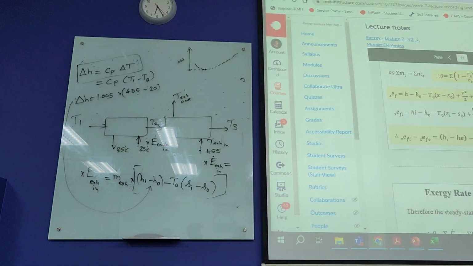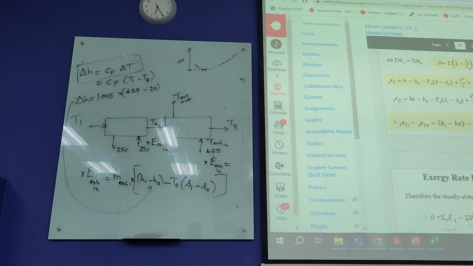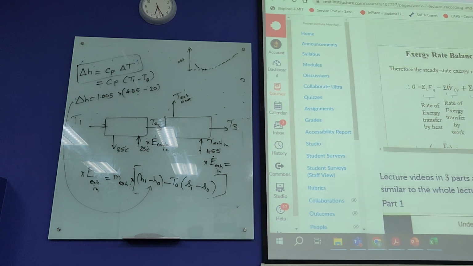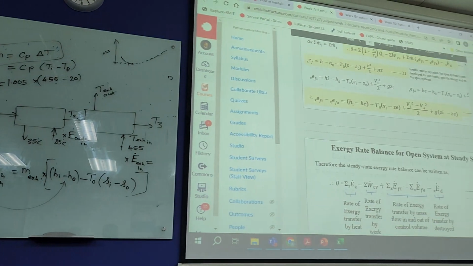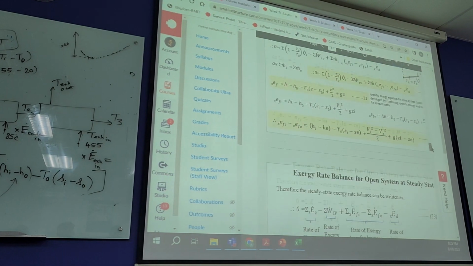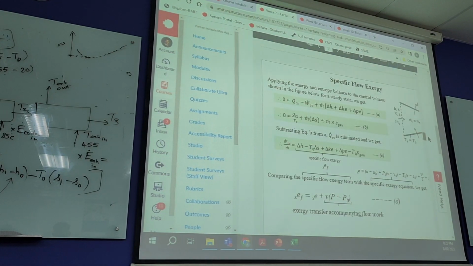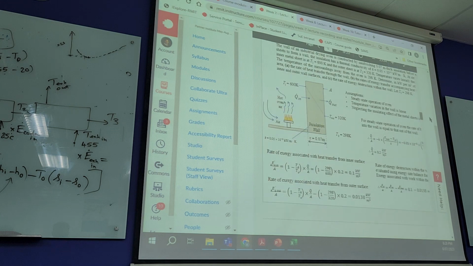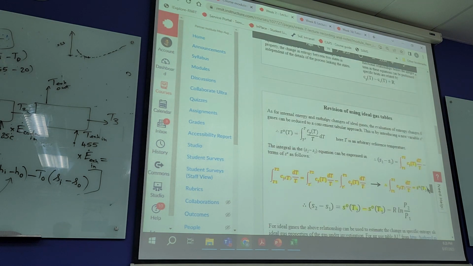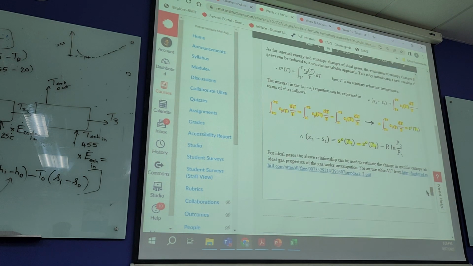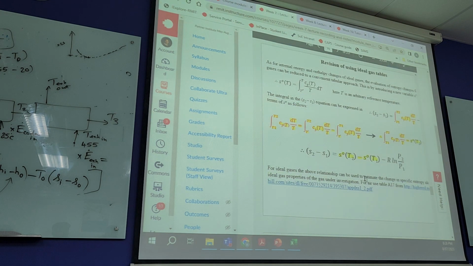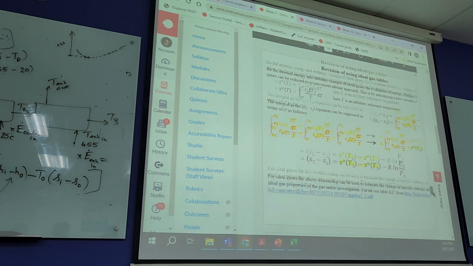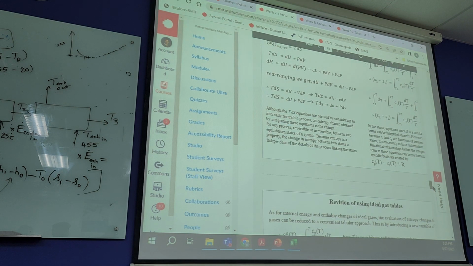Now, change in entropy. Change in entropy, we have studied that. Here, that kind of equation or that equation. So I'm just trying to find a simpler version of it.